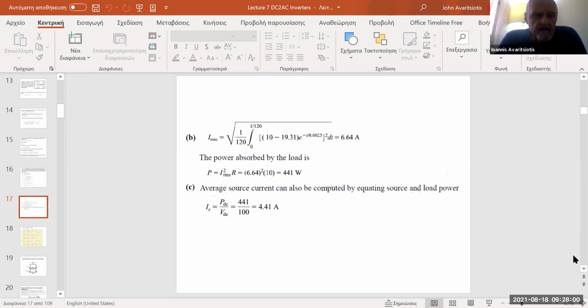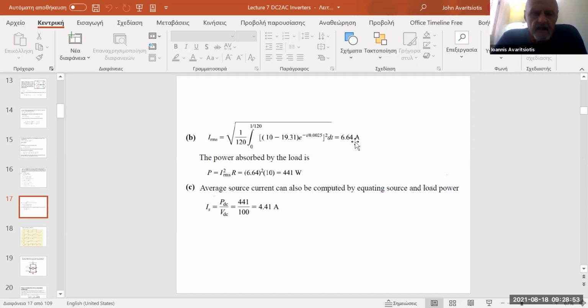And in order to calculate the RMS value of the current, and consequently to calculate the power absorbed by the load, and the resistive element of the load in actual fact, we take the square of this time varying equation for the current, and then we integrate this squared variable, as you can see in this equation, divide by the period and take the square root, and we find out that the RMS value of the current flowing through the load, capital I RMS, is equal to 6.6 amps.